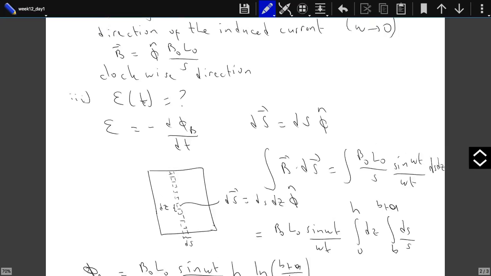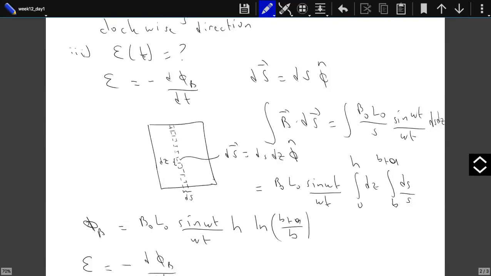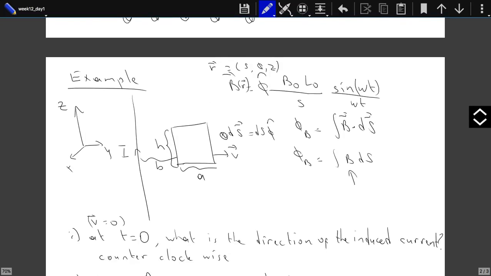Now let's say that you found that EMF is positive. What is the direction of the current? So we have this loop. We found a positive EMF. What will be the direction of the current running in the loop? Clockwise. Because once you choose the direction of ds, you have also chosen the positive direction of the current.